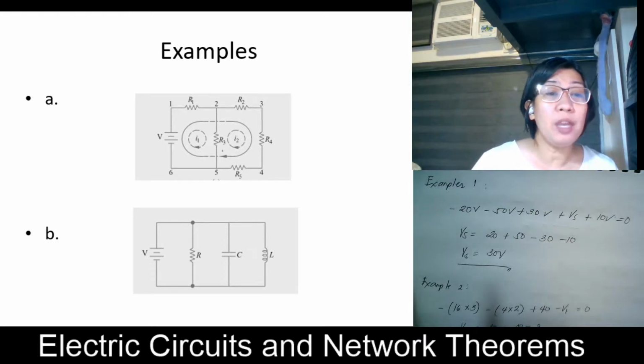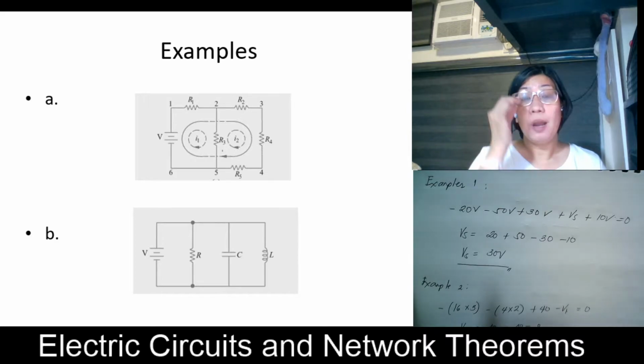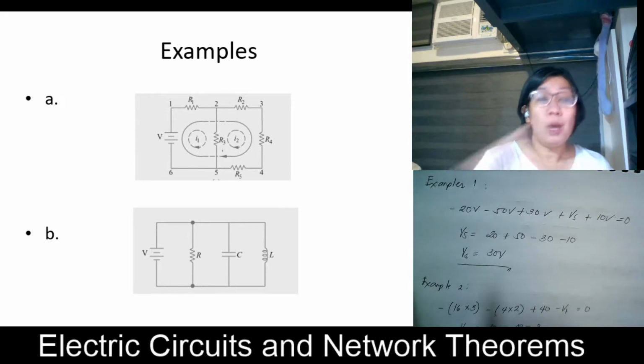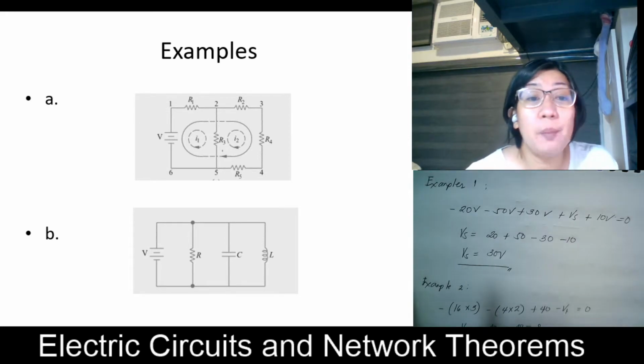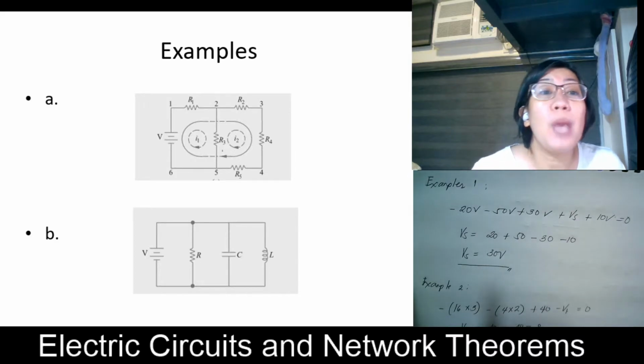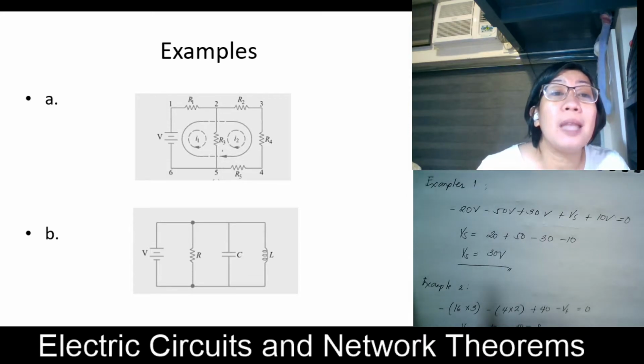So we have here an example for A and B. For letter A, we have 7 branches. Where are those 7 branches? We have 1, 2, 3, 4, 5, 6, and 7.